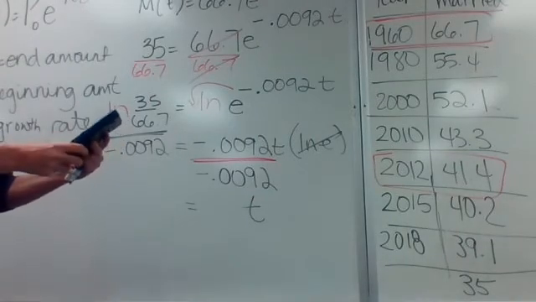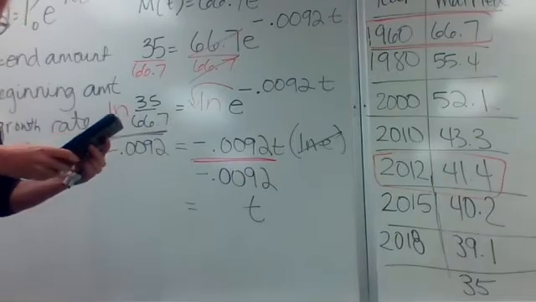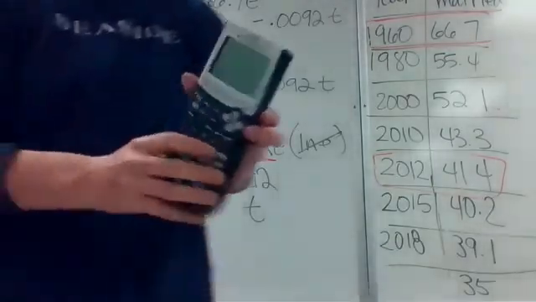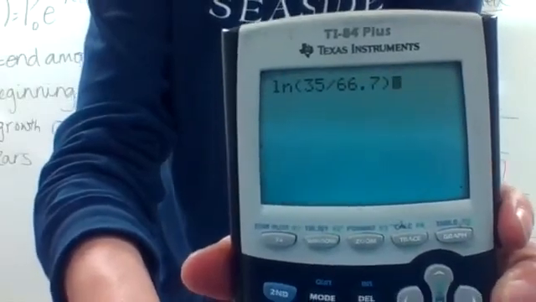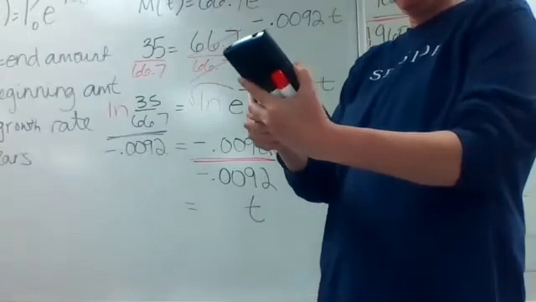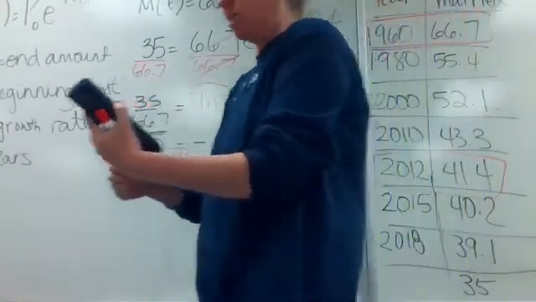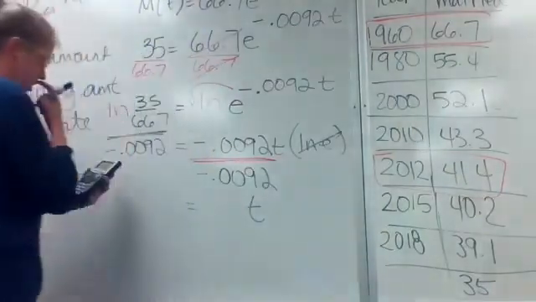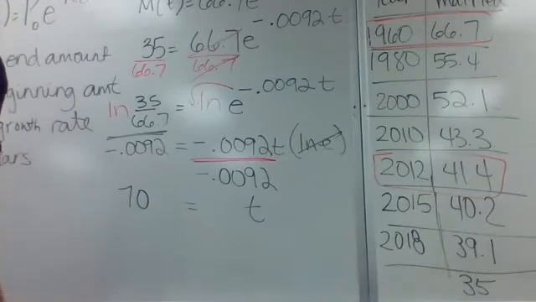So I've got ln of 35 over 66.7. Now remember, after you type that in, you're going to close it and then divide by negative 0.0092. Rounding it to the nearest whole number, it's 70.0, which is 70.